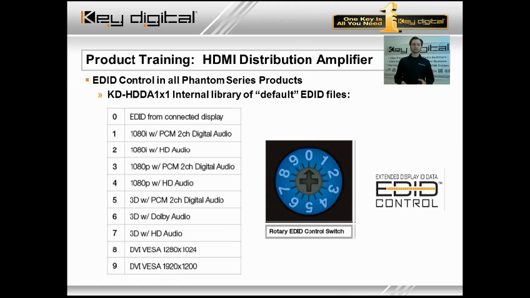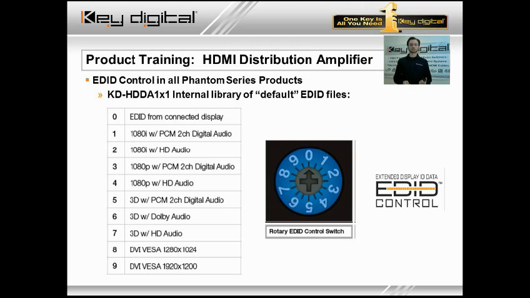This product does not utilize a dip switch as the HDDA and HDSW products do. This product instead uses a rotary. Why? Because there's a more limited amount of options utilizing the dip switches versus using this rotary that has 10 different click positions.